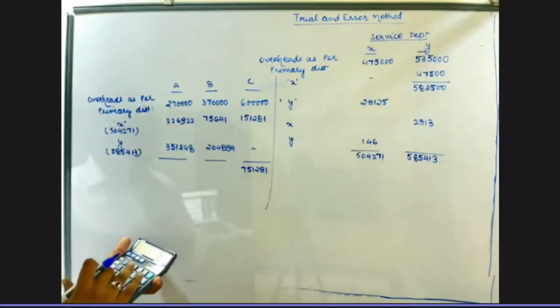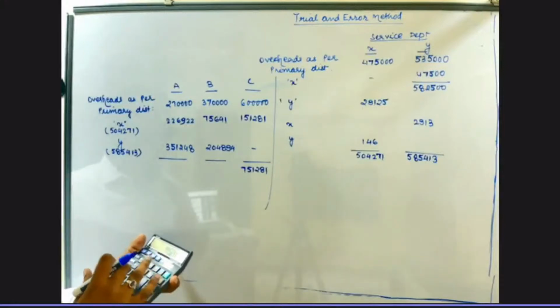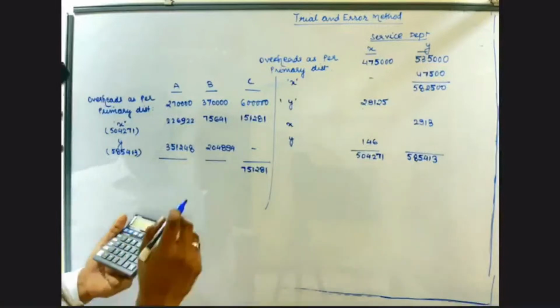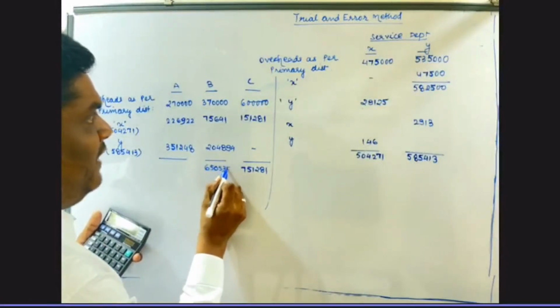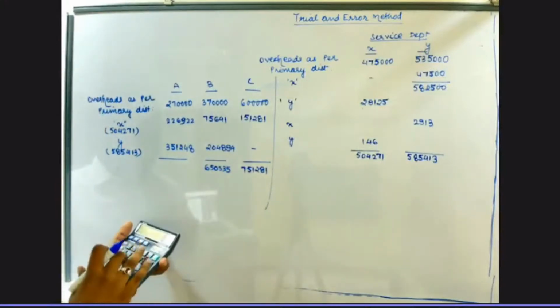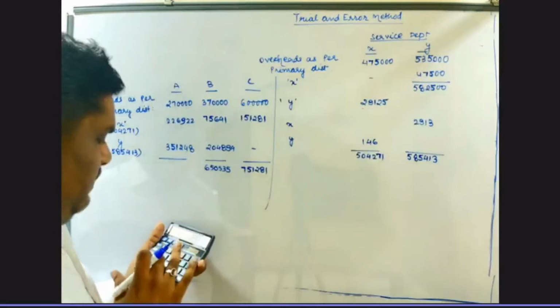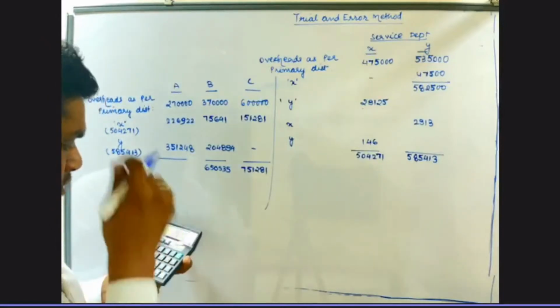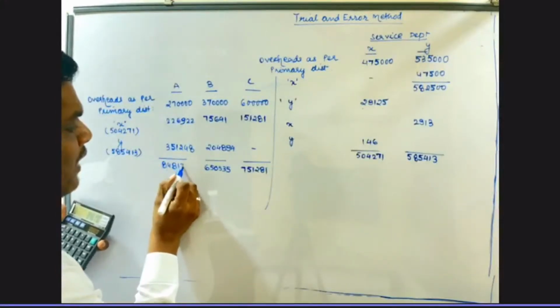This will be 370 plus 75,641 plus 204,894. So this will be 650,535. This will be 270 plus 226,922 plus 351,248, that is 848,170.